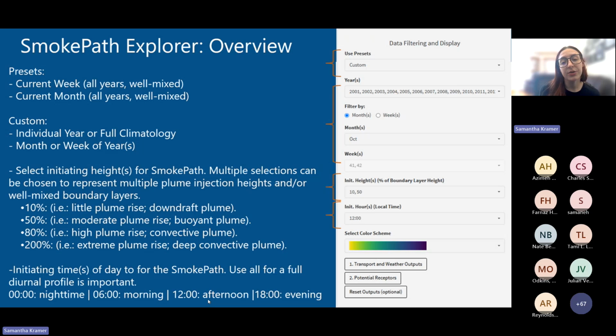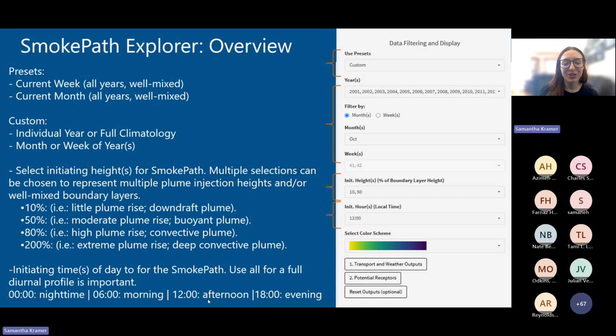This is also where you can select your initialization heights. So again, going back to that representation of your plume height, how deep do we expect smoke to get into the atmosphere for your type of burn? You don't need to know that information, right? So if you are just trying to get a handle on when the best time to burn, I will have a case on that.